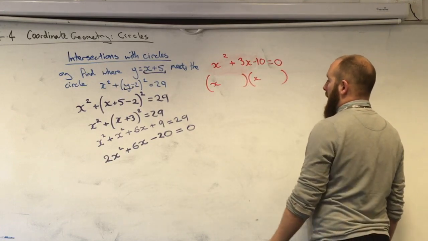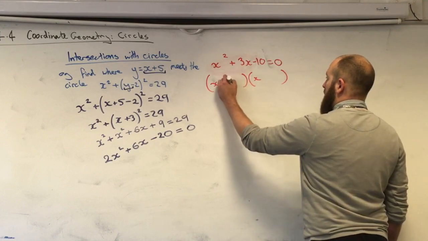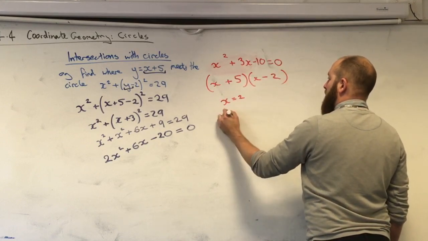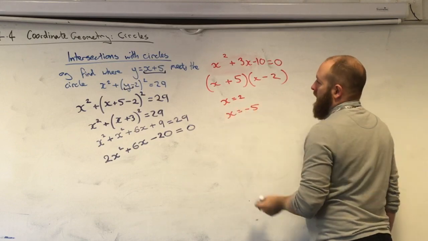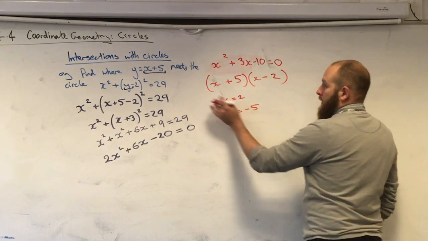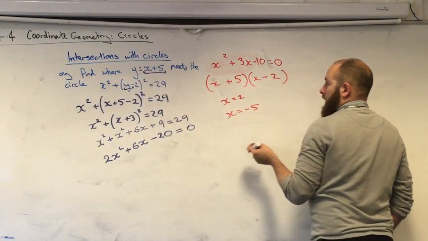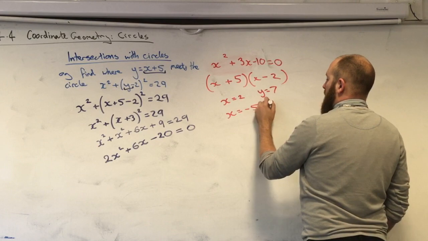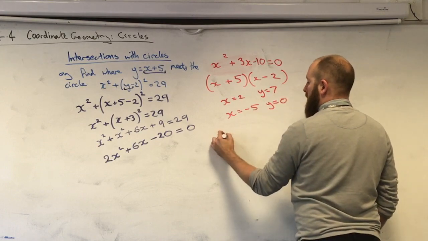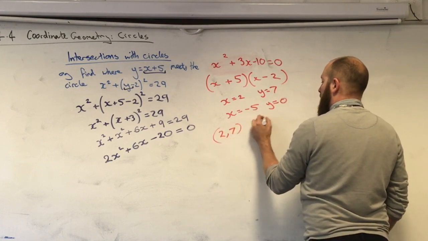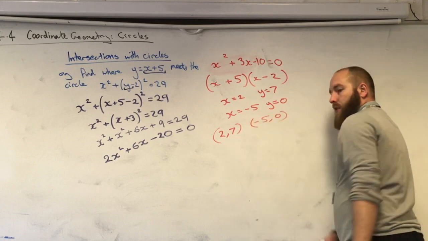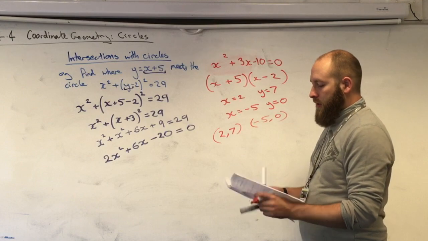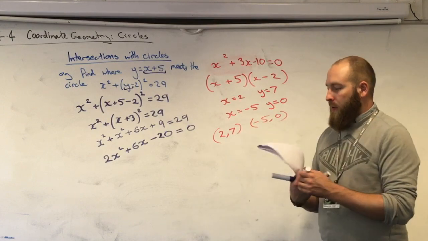So it's going to be 5 and minus 2. So x equals 2, x is minus 5. We need some y coordinates too, so let's just put these back into the line. So y equals x plus 5, so y equals 7, and y equals 0. So we get (2, 7) and (minus 5, 0). Cool.